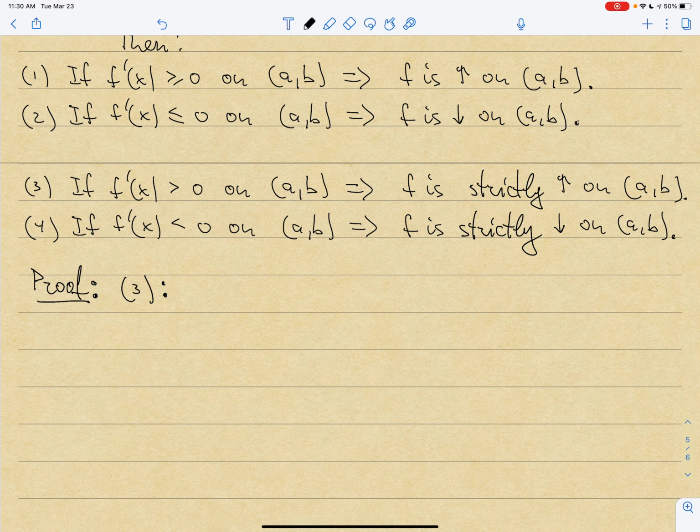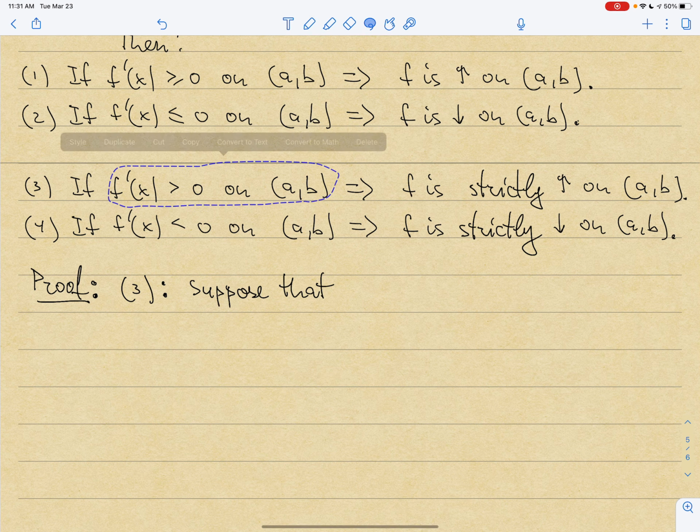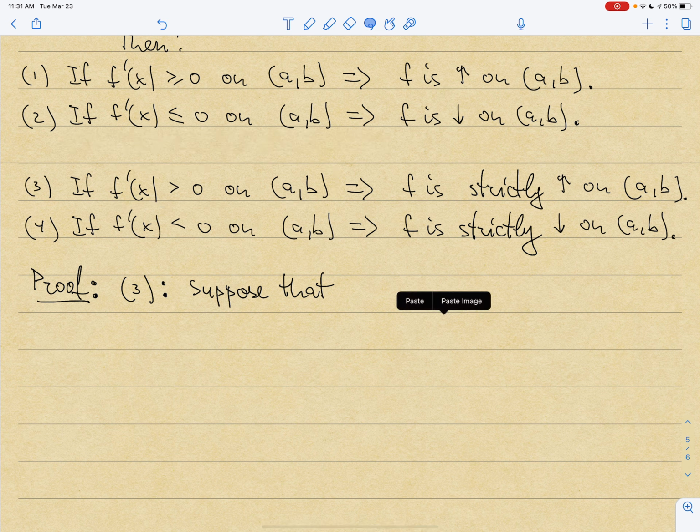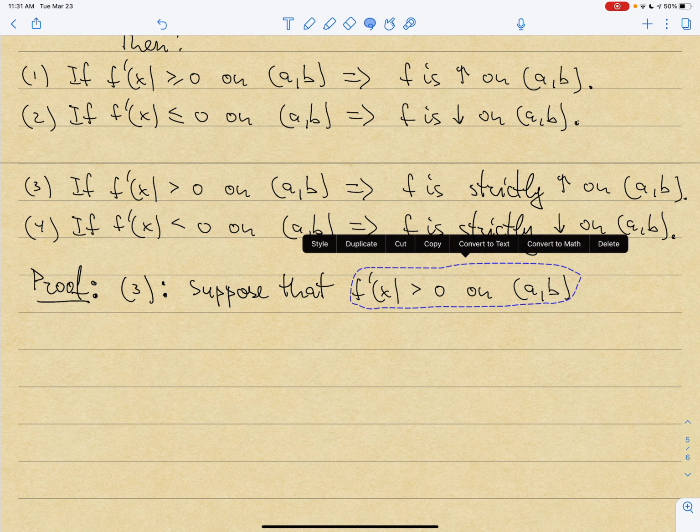And I might have assigned some of them in the homework. So let's suppose that f prime of x is greater than 0 on AB.